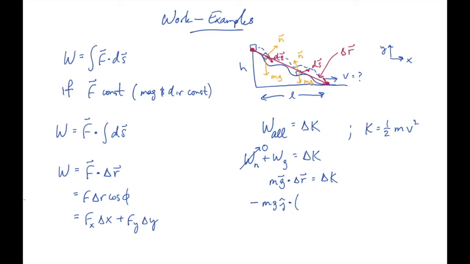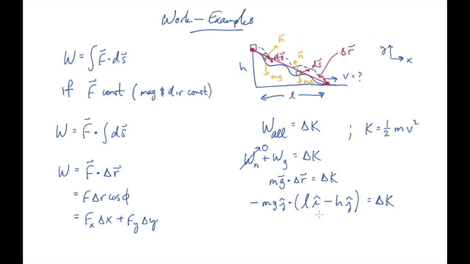Now, what does it equal? Well, the x component is how far sideways the object went, and that was L i hat. The y component is how far up or down it went, and this one went down a distance h. So we have minus, because it went down, h j hat. And that equals delta K. Now to evaluate this dot product, we need the x component of the force, which is 0, times the x component of the displacement.